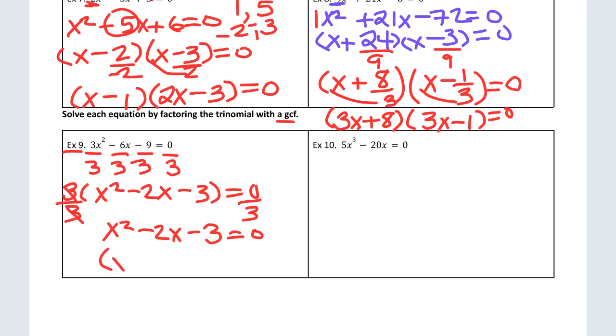Factors of 3 that create a sum of negative 2 would be positive 1 and negative 3. Set each factor equal to 0. Then solve for x.